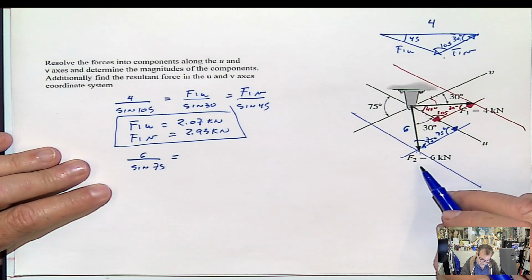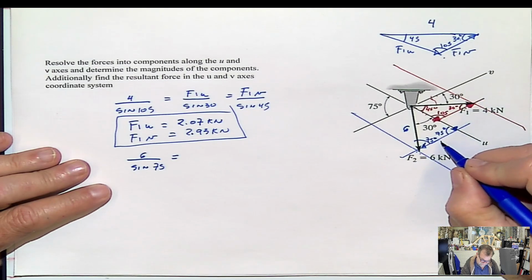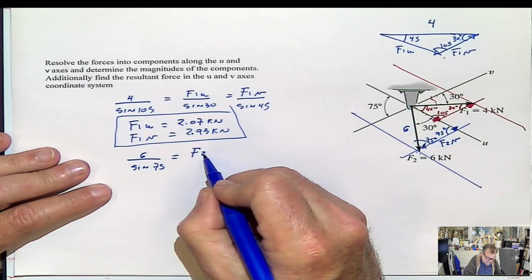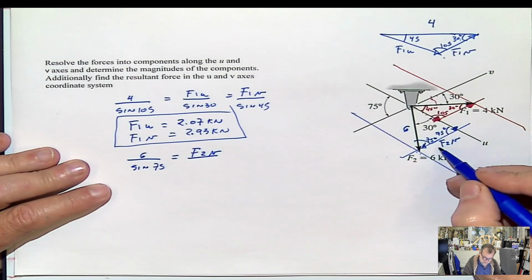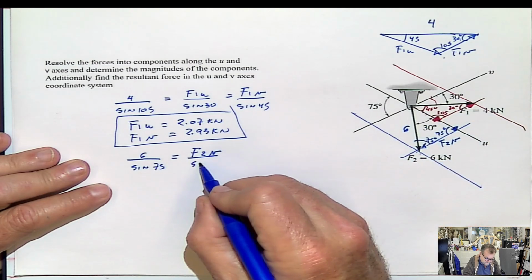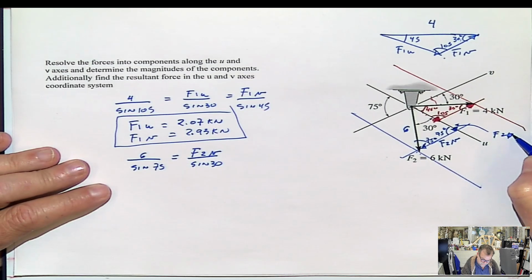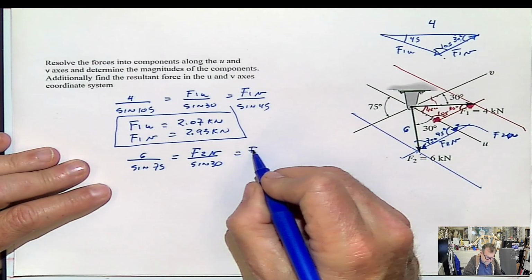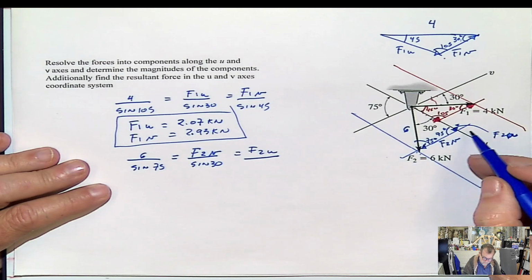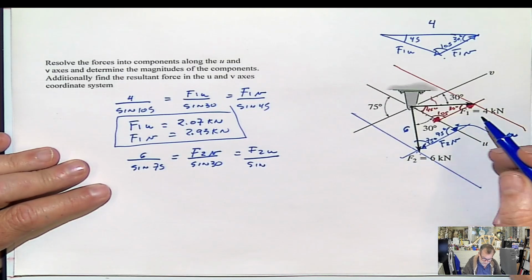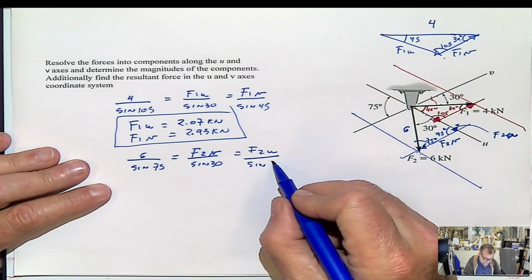This is F2V divided by sine of 30, but at the same time it has to be equal to this one, and that's F2U divided by sine of 75. It's always with the opposite, okay?